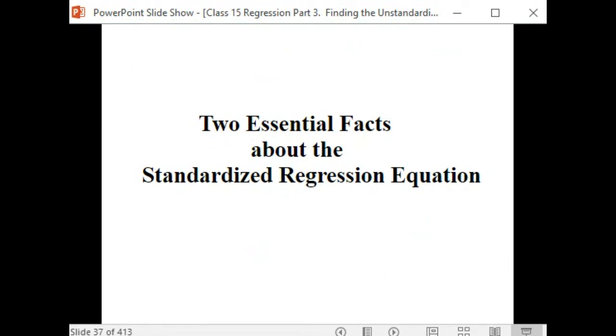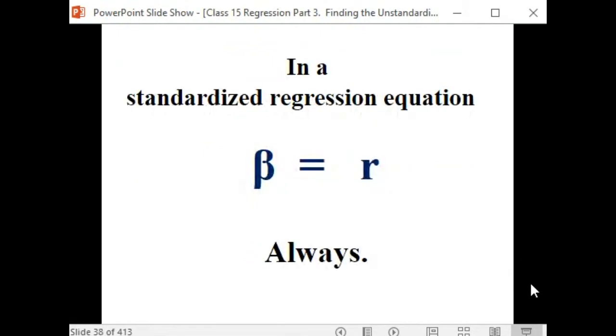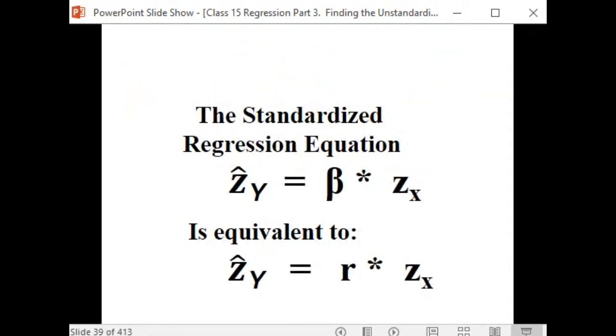Now, in the last lecture, we also introduced two essential facts about the standardized regression equation. In a standardized regression equation, beta, the slope, is equal to r, always. And the standardized regression equation can be written in two ways.